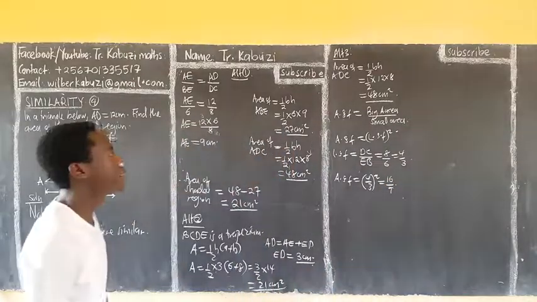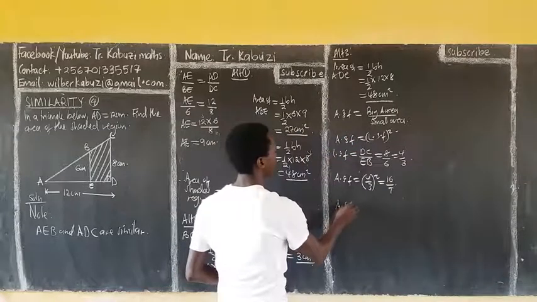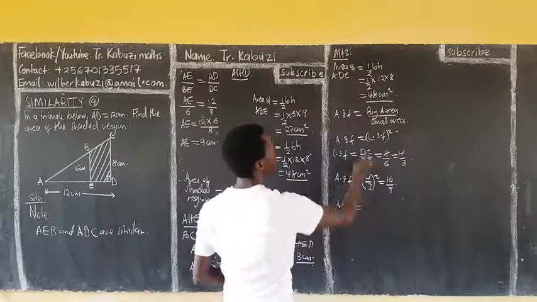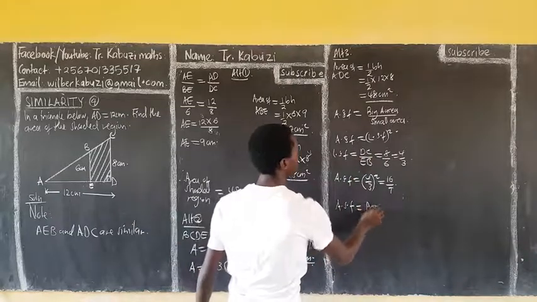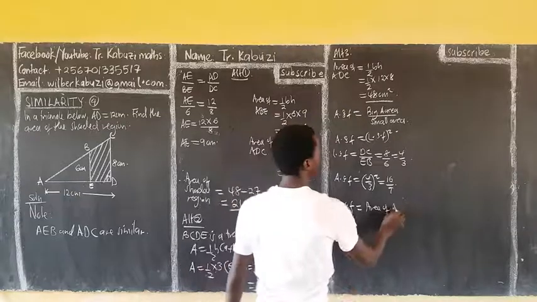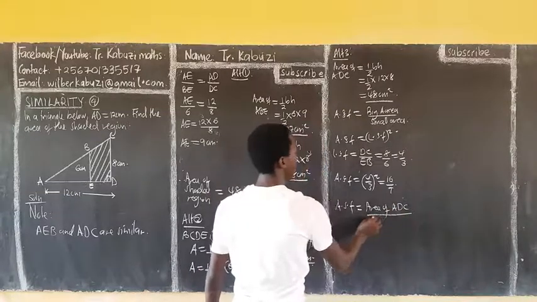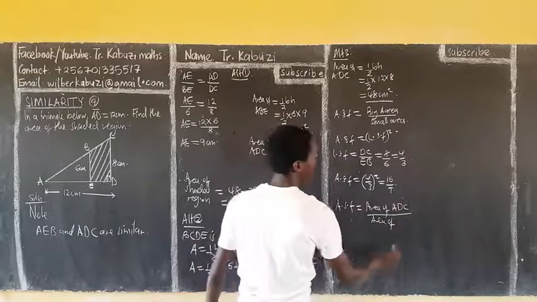So if I have the scale factor, my area scale factor is going to be the area of the big triangle ADC over the area of the small triangle, which is AEB.